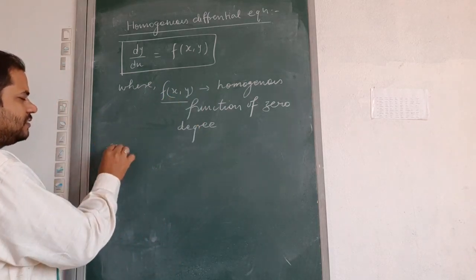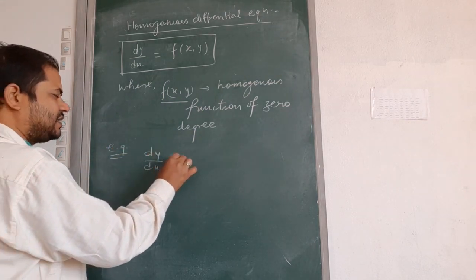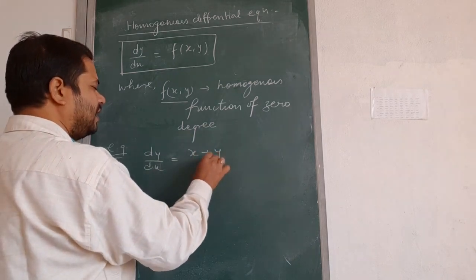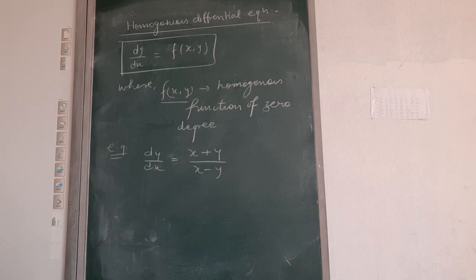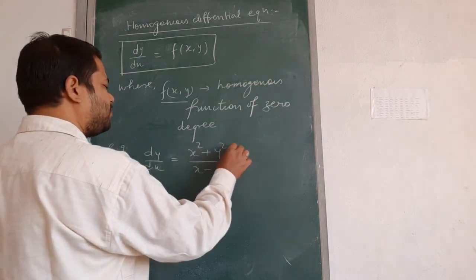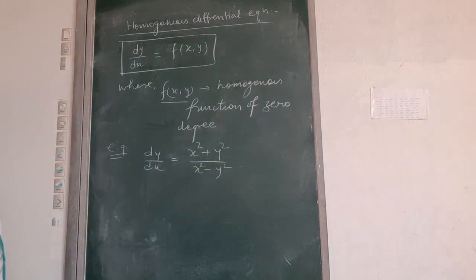For example, suppose we consider an equation dy by dx is equals to (x plus y) upon (x minus y). Otherwise, (x square plus y square) upon (x square minus y square), whatever you can consider.